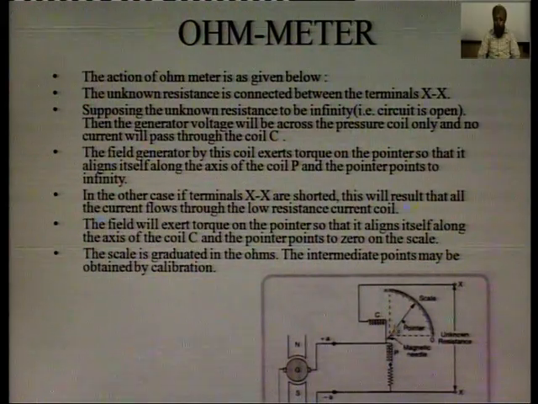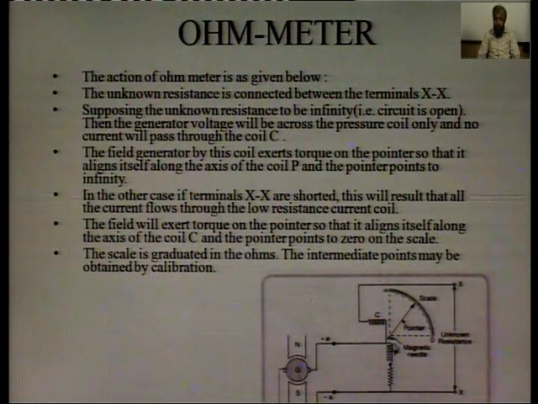So the ohmmeter consists of two coils, the current coil C and the pressure coil P. The supply is connected at terminals A plus and A minus, taken from the hand-driven generator, and the unknown resistance is connected across the terminals X and X. If the points XX are open circuit, or if infinite resistance is connected in the circuit, then the whole current will pass through the pressure coil P, and the current through the current coil will be 0.